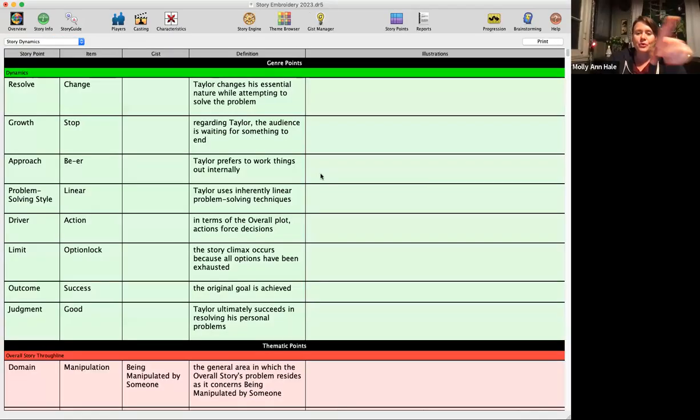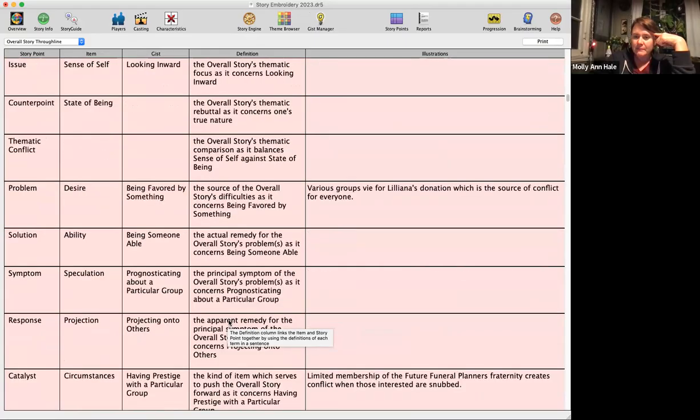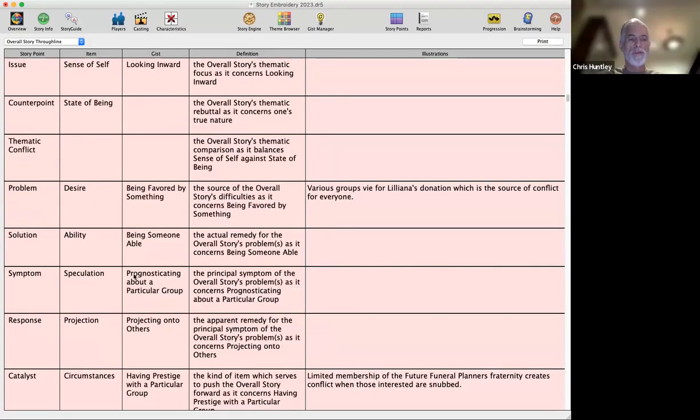So I'm looking at the overall story, and I'm gonna try to find a place to have her create a little trouble. This might work, because this symptom is what people would think is the apparent problem. It's not the real source, but it's the one that comes up.